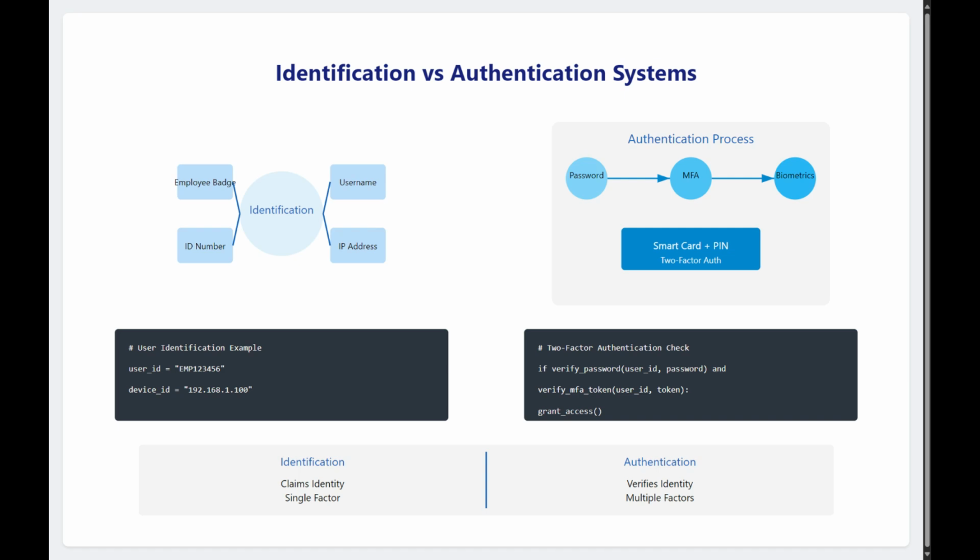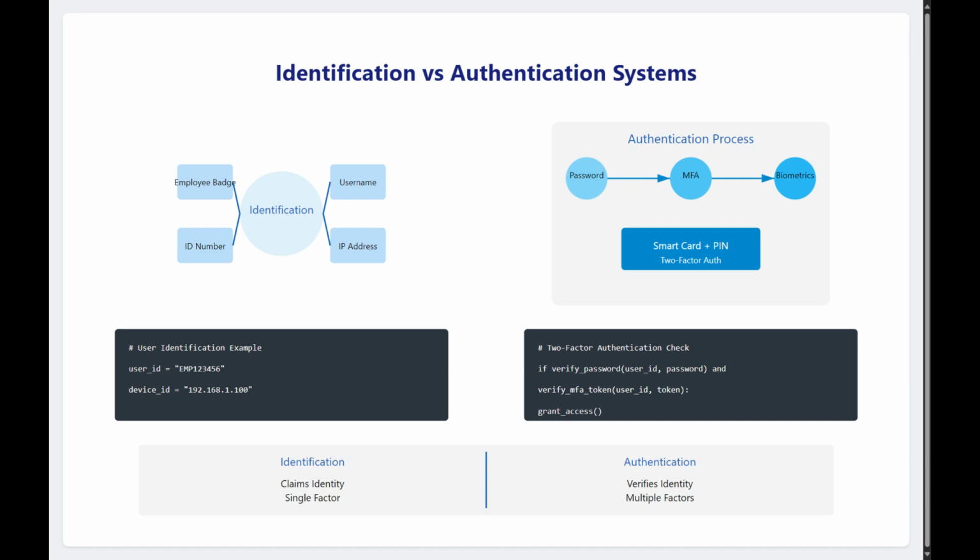In practice, identification serves as the initial step of claiming an identity. Consider various forms of identification credentials: employee badges with photos, usernames, ID numbers, employee numbers, social security numbers, and badge numbers.